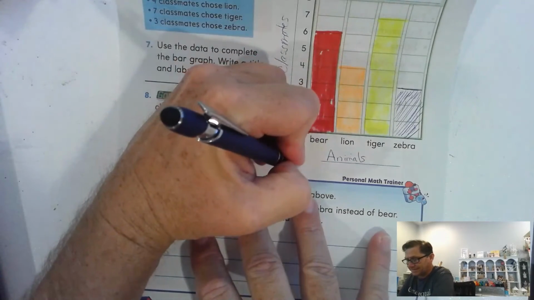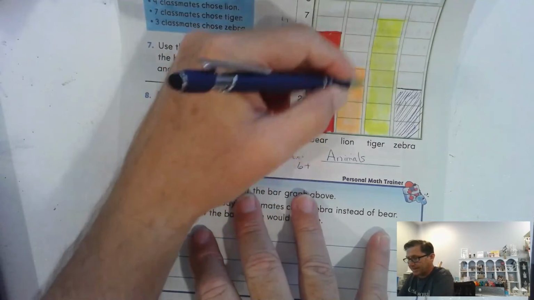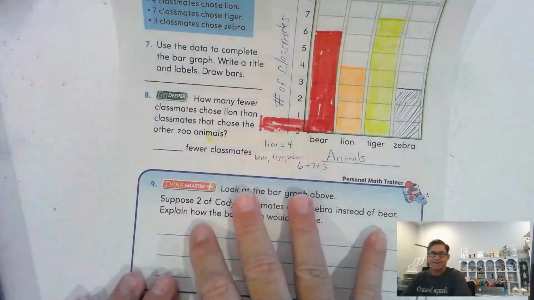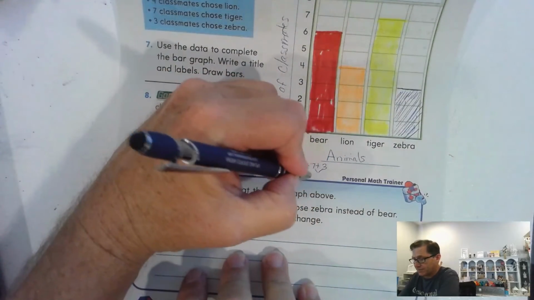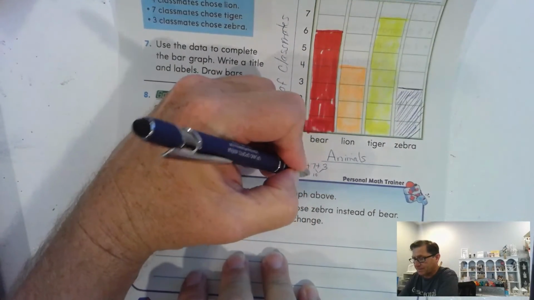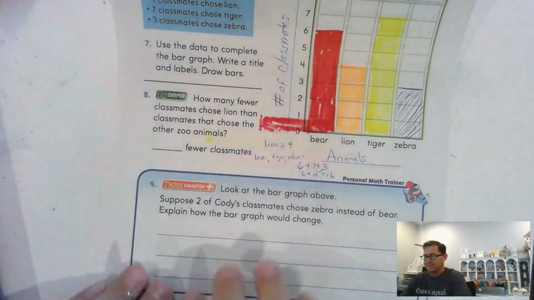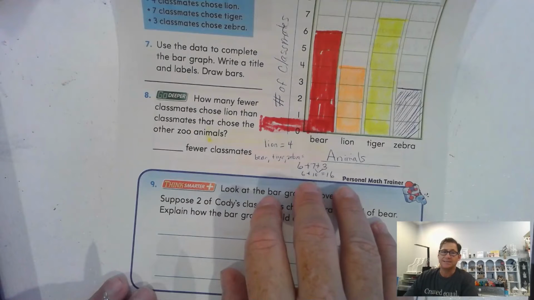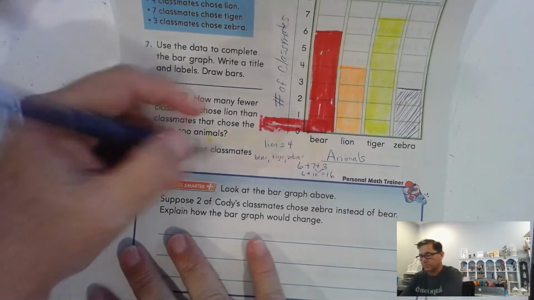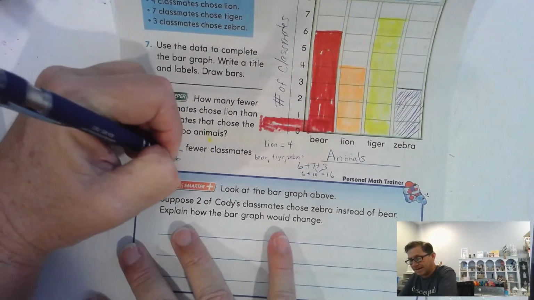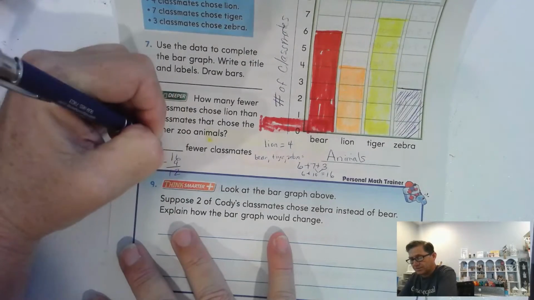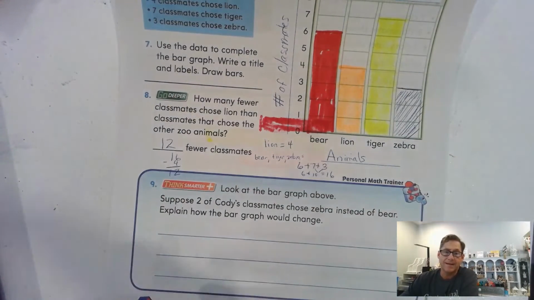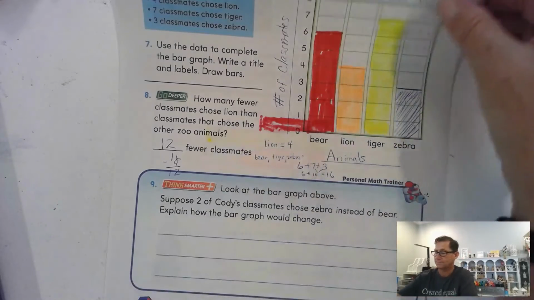Well, bear is 6, tiger is 7, and zebra is 3. Well, 7 and 3 makes 10. So 10 plus 6 is 16. So 16 classmates did not choose lion. So 16 minus 4. So 12 fewer classmates chose lion than the other animals.